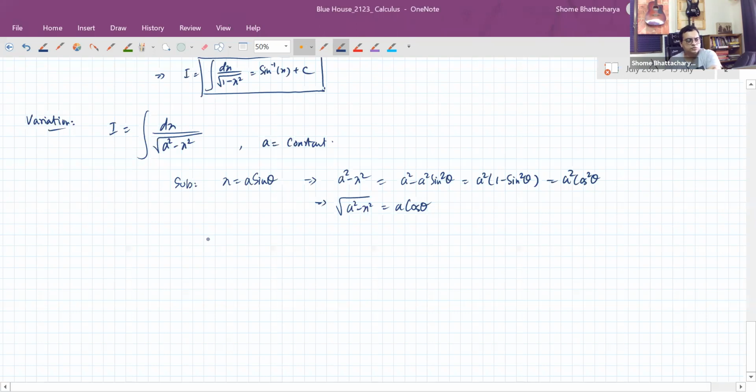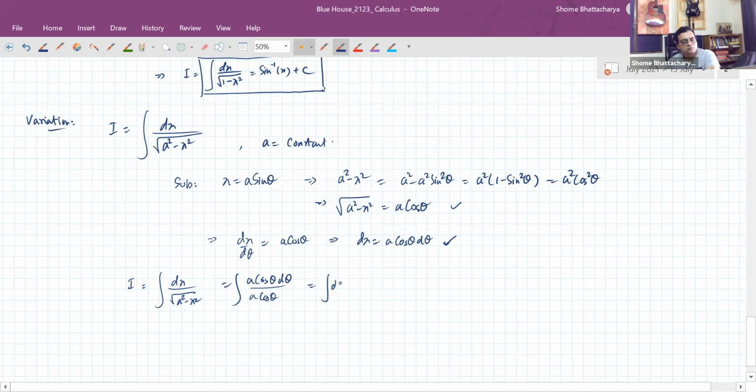Right. So let's complete this now. So dx by d theta, we can see from here is differentiation of a sine theta. So that's a cos theta. So the numerator which is dx will become a cos theta d theta. So you can see that this time when we substitute in the integral, we get just integration of d theta. That is theta plus c. Now for theta, to resubstitute it, we'll have to understand that we have substituted x as a sine theta.